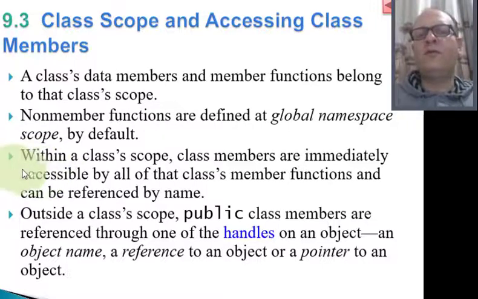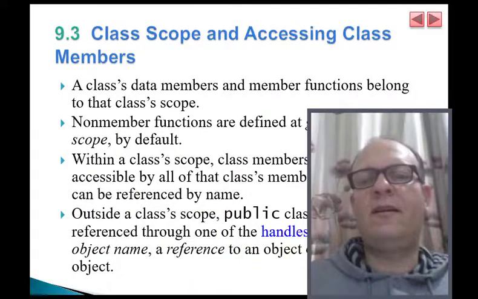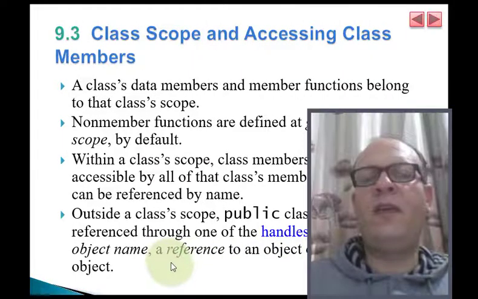طيب لو أنا جوه الكلاس scope يعني لو أنا داخل الكلاس مثلا جوه member function I can use the data members and I can call the other member functions using just the name. لكن لو أنا خارج السكوب how can we access data members of the class؟ يعني مثلا if I am outside the class and we have an object of a class or a reference to a class or we have a pointer to a class زي ما شفنا من شوية كان عندنا object name أو reference name أو pointer to an object.